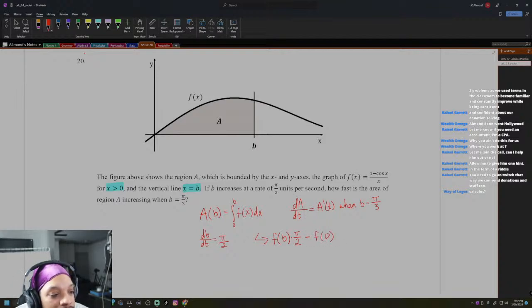Okay. So b is like a variable. It's like a variable vertical line. You know what I mean?